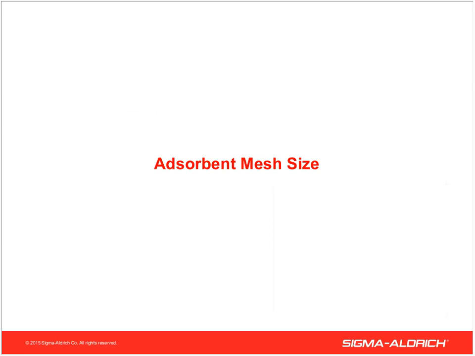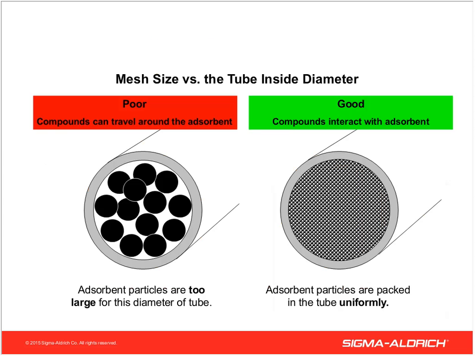So now I'll discuss why adsorbent mesh size is important. An important consideration when packing adsorbent tubes is the relationship of the particle size to the inner diameter of the tube being packed. The best efficiency occurs when the ratio of the particle size to ID of the tube is between 0.1 and 0.25.